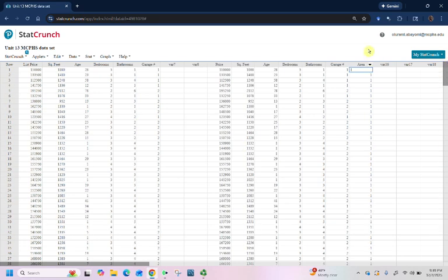Take note that area in this case is a categorical variable that has two categories. In statistics, we say area has two levels: on the foothills, which I've set to 1, and not on the foothills, which I've set to 0.